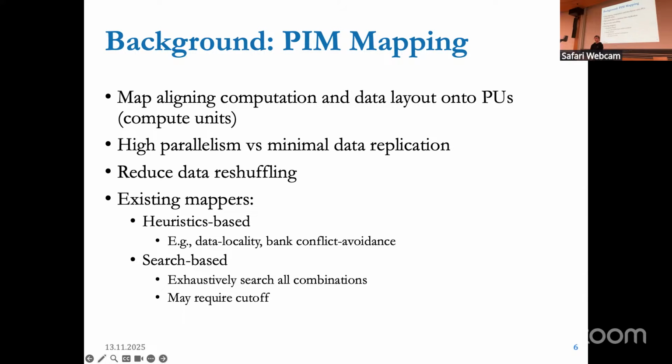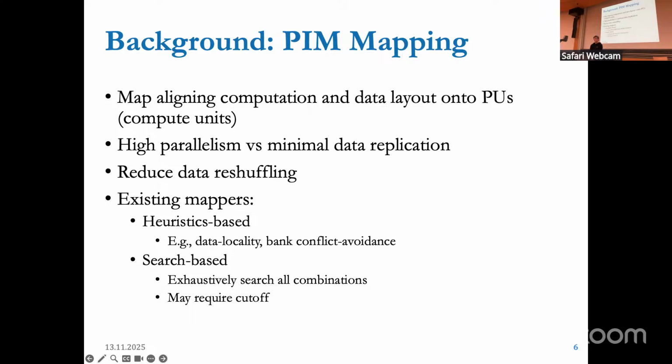Existing mappers include heuristic-based mappers, which try to do this layout based on some heuristics, like, for example, data locality or avoiding conflicts within different banks. But those often only use one or two heuristics and don't take into consideration everything that goes into generating a PIM layout.